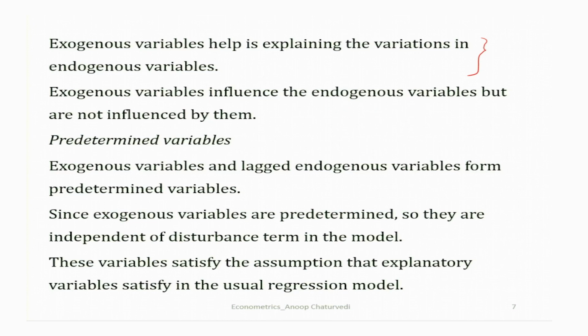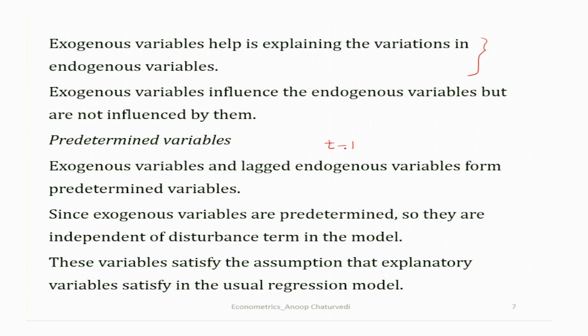Now, we define predetermined variables. So, exogenous variables and lagged endogenous variables form predetermined variables. Now, sometimes your model also involves some lagged values of endogenous variables. Say the value of endogenous variable at time t minus 1.